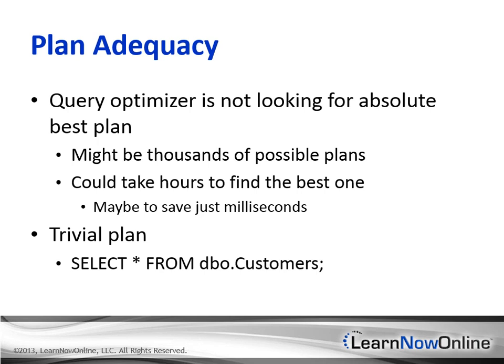Because this query returns all rows and all columns from a relatively small table, this happens to be from the Northwind database, no amount of analysis is likely to find one method of scanning the table that's substantially better in terms of performance than another. There just aren't that many ways to perform this particular very simple query. So if the optimizer finds a trivial plan, it returns that execution plan and does no further work.